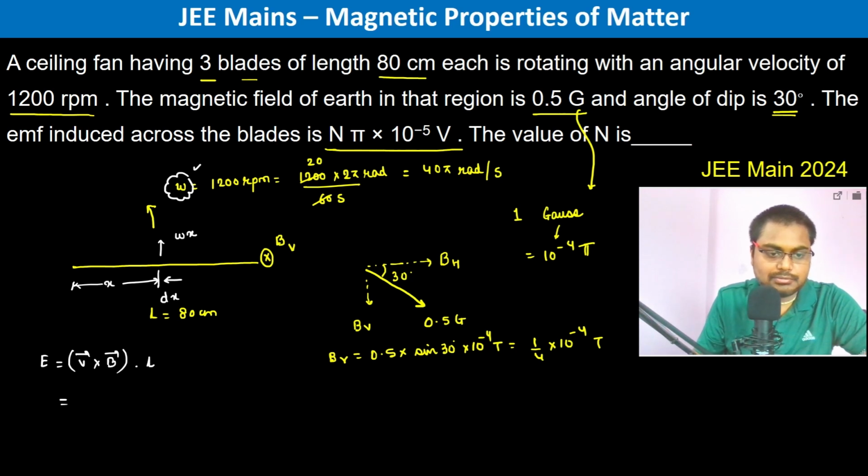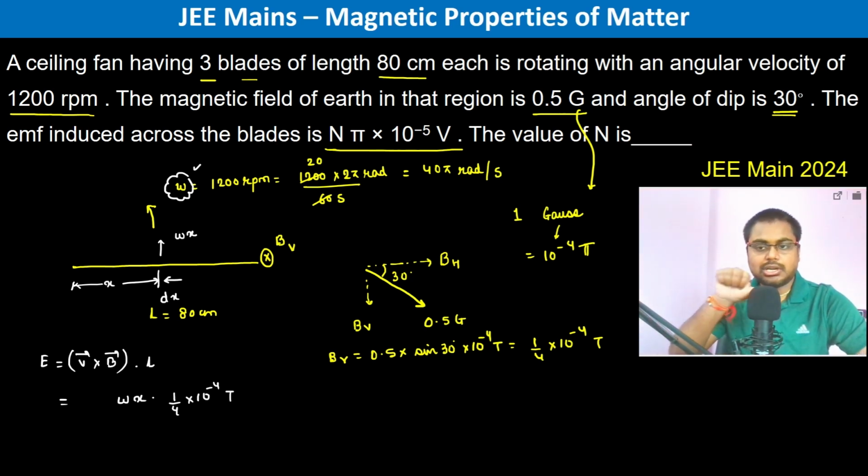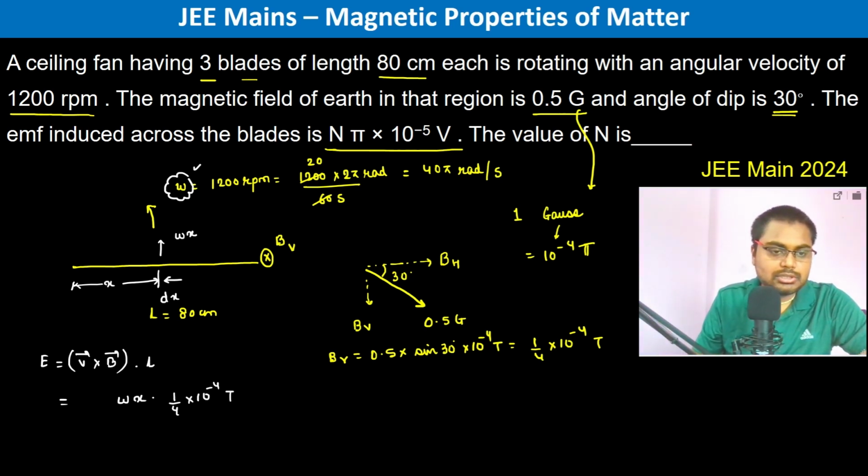So the EMF induced here is going to be omega x into B, which is 1 by 4 into 10 to the power minus 4 Tesla, v cross B in this direction, dot l, where l is dx.